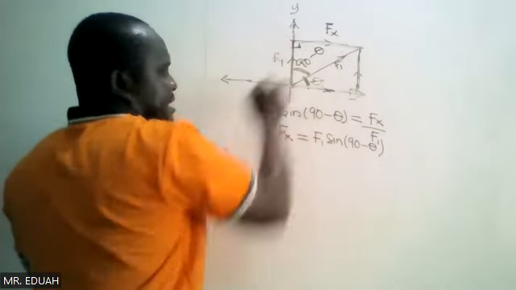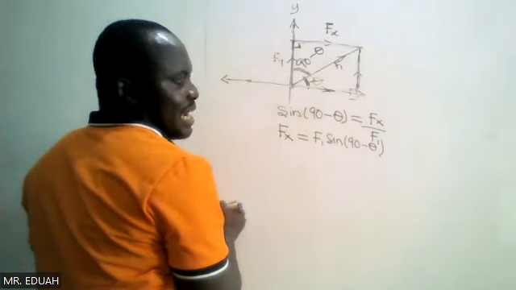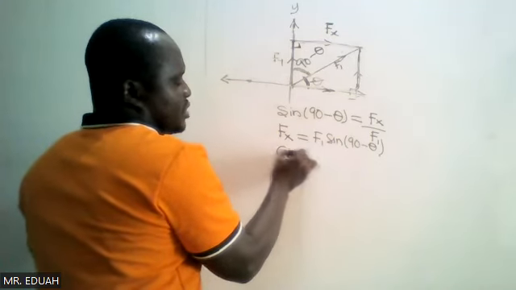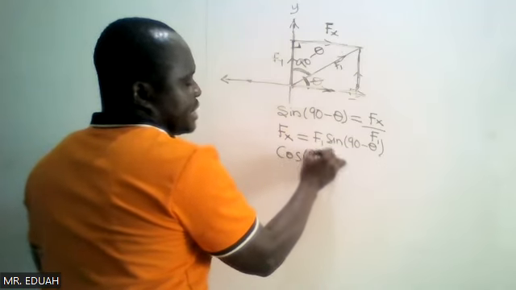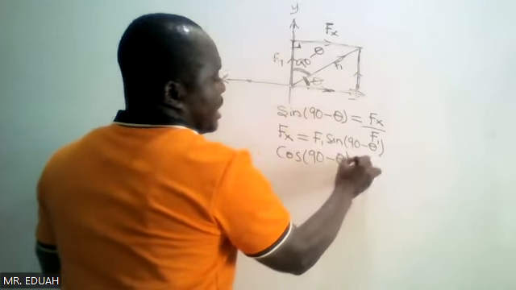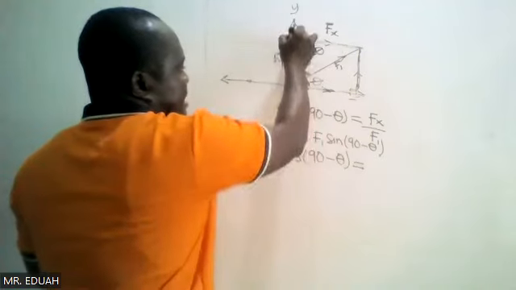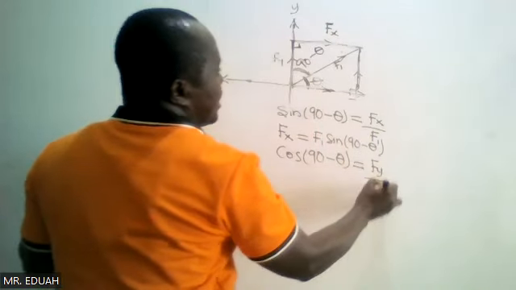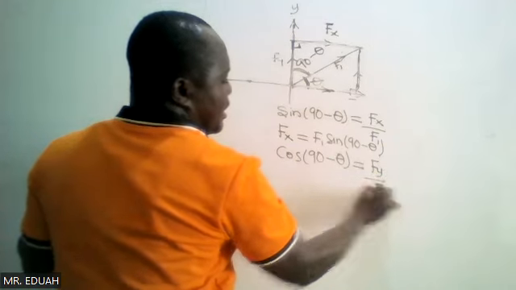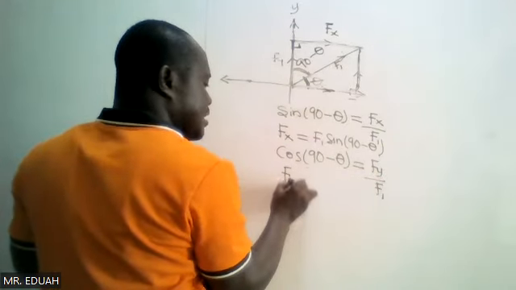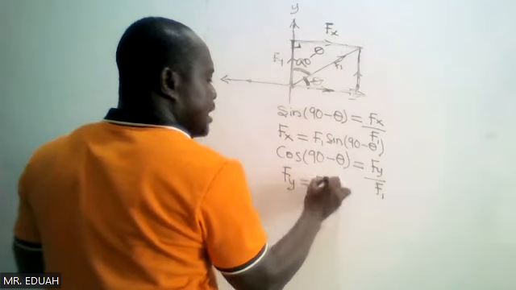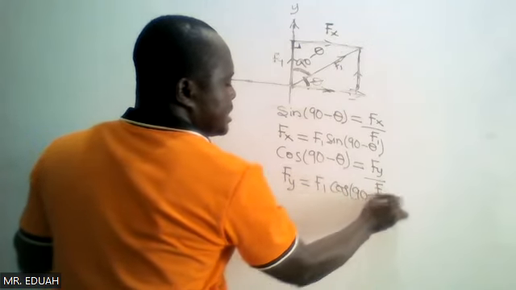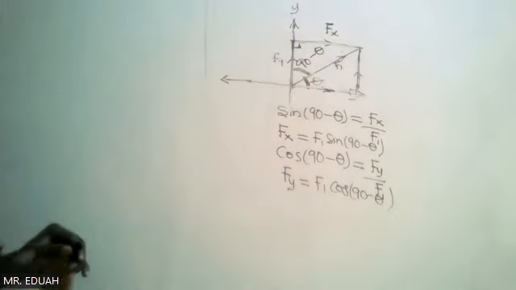I want this. This is adjacent to the angle. So cos of 90 minus theta is equal to the adjacent, which is Fy, over F1. Fy is equal to F1 cos of 90 minus theta. So look at one funny thing.